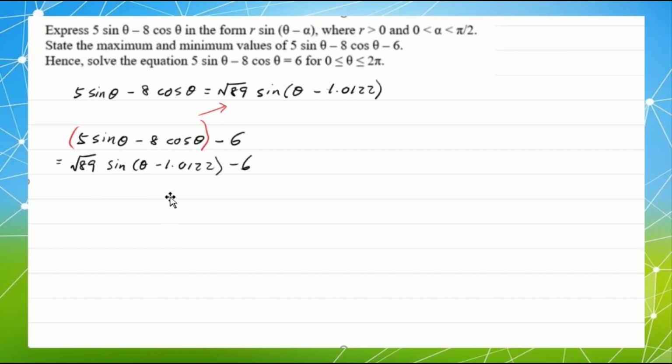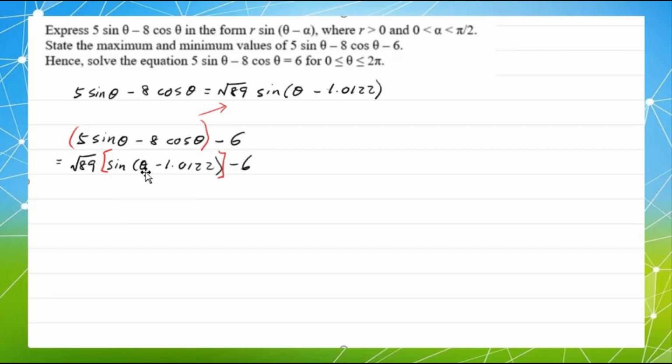Then when we look at the value here, square root of 89 is always the same and minus 6 is always the same, meaning the value of the whole expression depends on the sine of theta minus 1.0122.